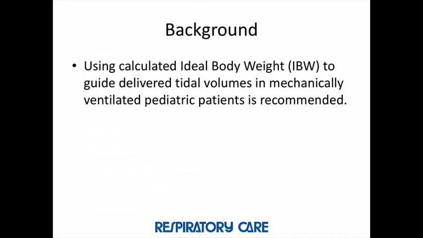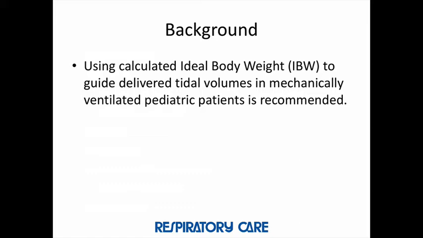So the background that led up to this is that when determining tidal volumes to deliver to patients who are mechanically ventilated, historically those are guided by the patient's weight. And for the past several decades, it has been recommended to use ideal body weight as opposed to actual body weight in order to determine tidal volumes to deliver to mechanically ventilated patients. And that is for patients of all ages.